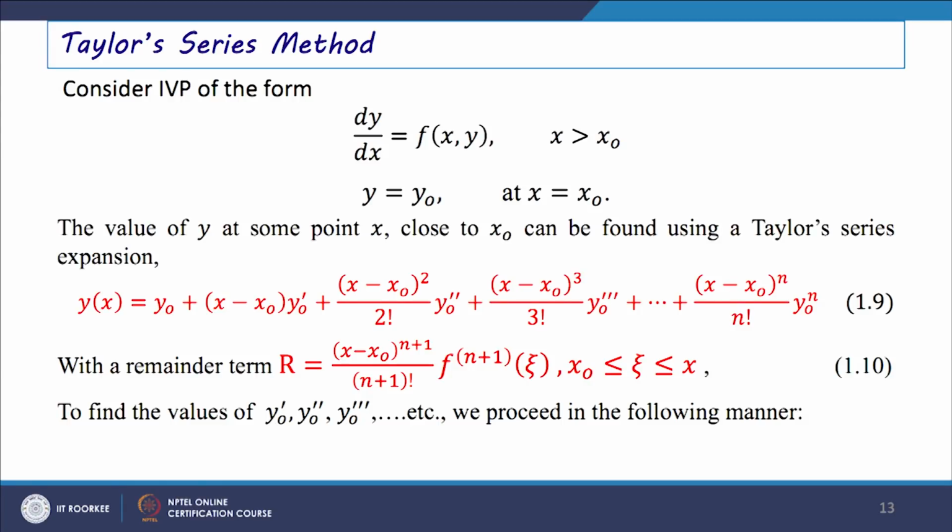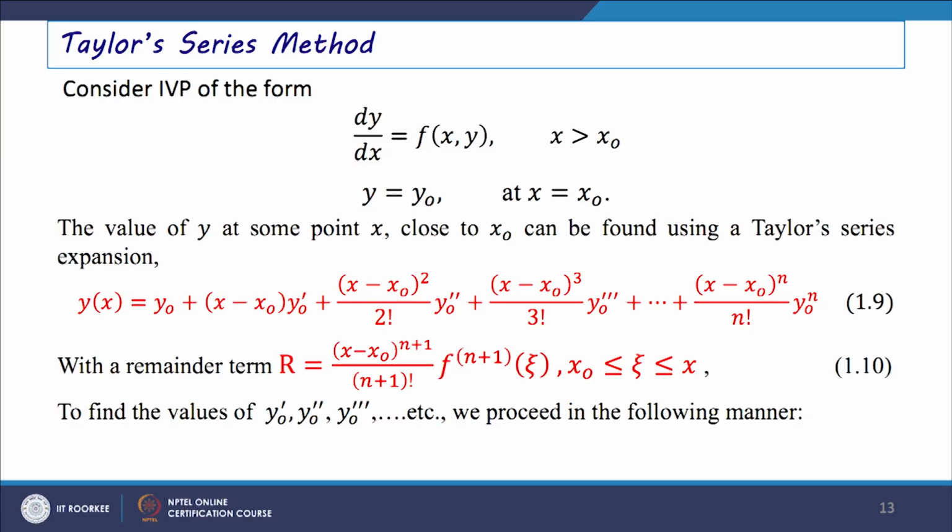First we have to consider that the function is defined at its initial point, and close to that point the function should be continuous. If the function is continuous in the neighborhood, then we can expand it in Taylor series form.